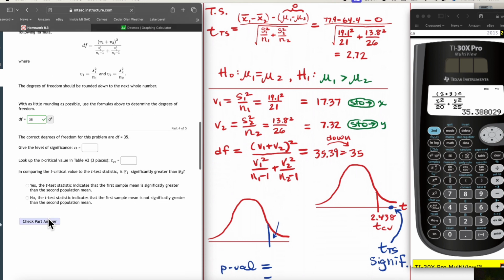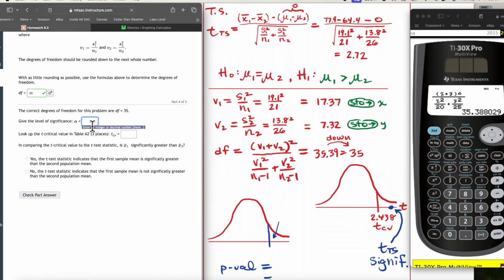Yep. Okay, alpha 0.01. T critical value was 2.438. And we decided that the test statistic of 2.72 is more extreme than 2.438, so that's significant. Yes, it is significant. Okay.